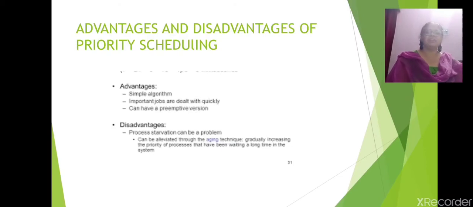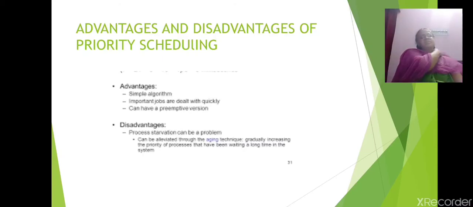Now, what are the advantages and disadvantages of priority scheduling? It is a simple algorithm. Important jobs are done quickly, and it can have a preemptive version. What are the disadvantages? Process starvation can be a problem.